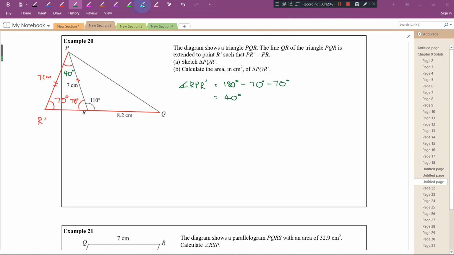Okay, now I have the angle here and the side length here. So I can get the area of this triangle easily. Area of triangle PRR prime is 1/2 times 7 times 7 times sine 40.